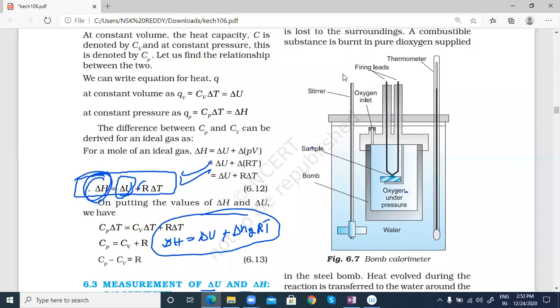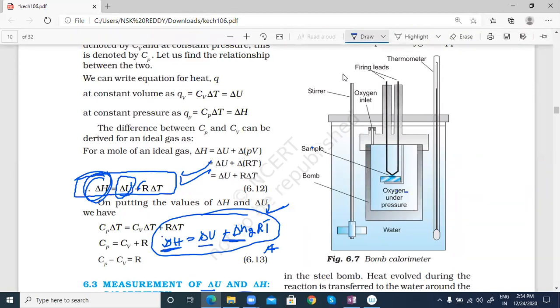By using this formula, they can ask you questions. Keep in mind, they provide delta H, calculated by using bond enthalpy. After that, they can ask for the delta U value. The delta Ng they will also provide, or ask how to calculate. And by giving delta U and delta Ng, they can ask for the delta H value also.